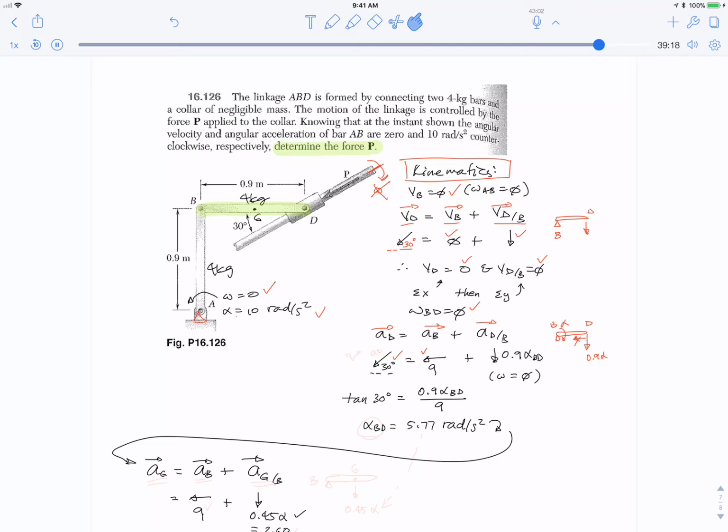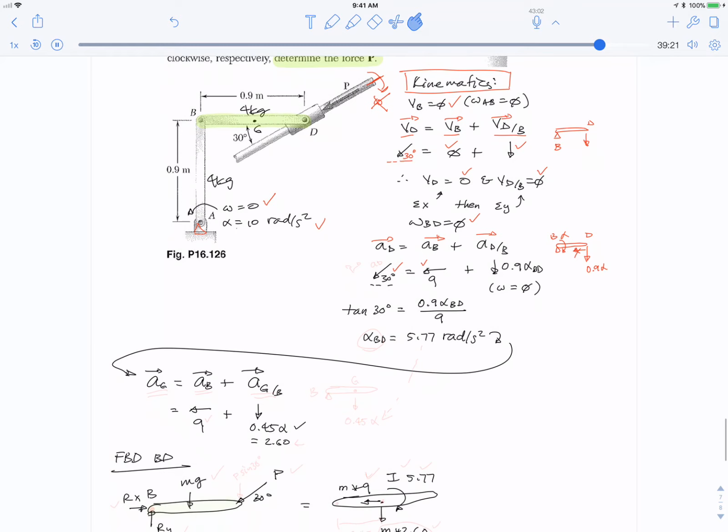Okay, so now we have this vector equation. One way to solve it, you could do the X component and the Y component. The two unknowns are AD and alpha BD. We're trying to get this alpha BD. You could do the two equations, or you could take a component this way and this way.